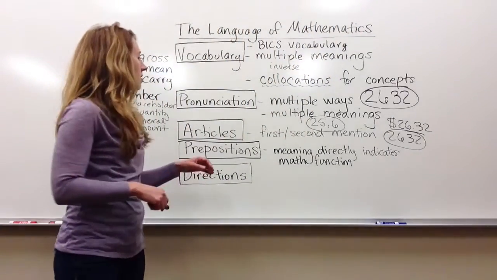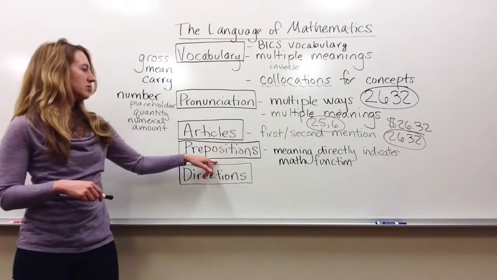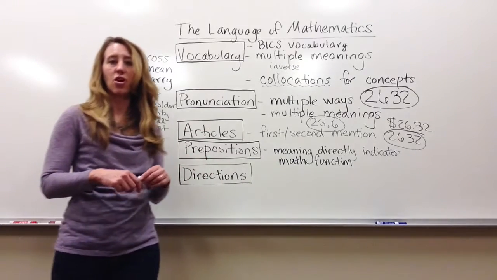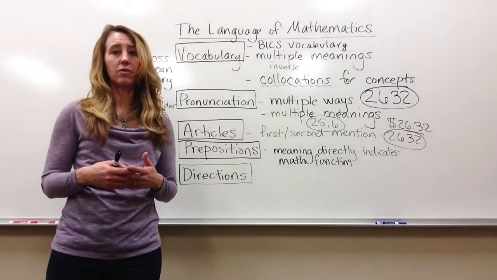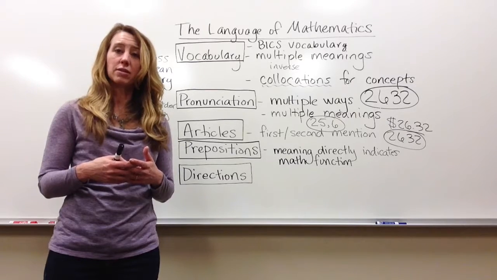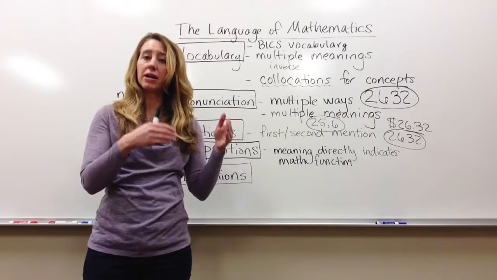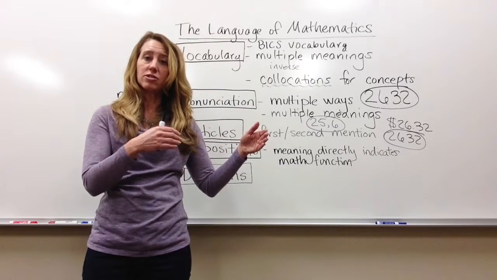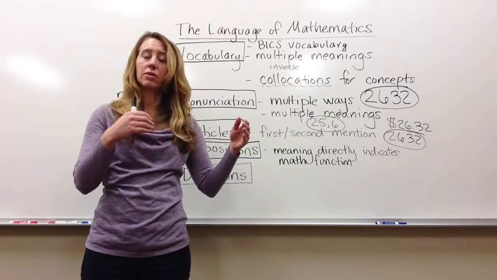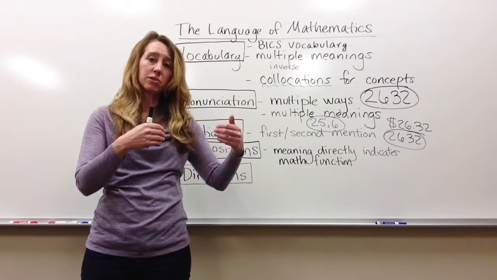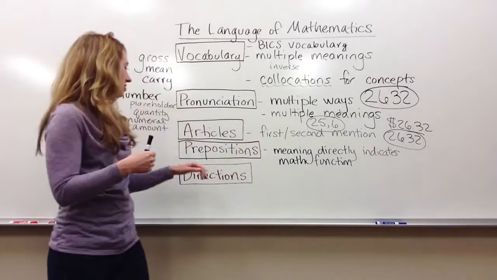Some other things I wanted to mention. Moving down to prepositions. Prepositions are words like with, in, of, by, between, among. A preposition is always followed by a noun or a noun phrase. Among people is preposition plus noun. Among the people, preposition plus noun phrase.